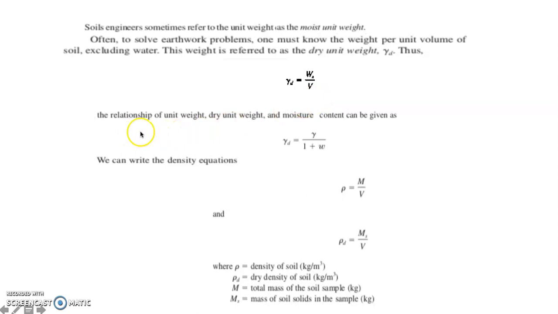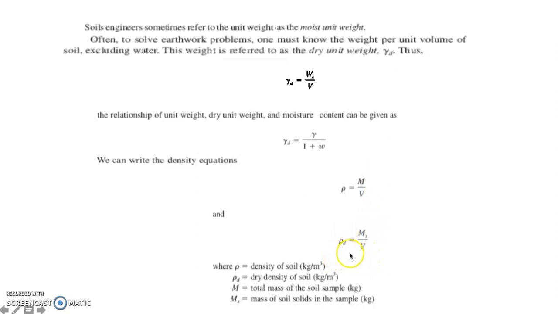So the relationship of unit weight is equivalent to dry unit weight and moisture content. Here, this is the relationship between the dry unit weight and the moisture content. Our density can be expressed in this form: density is equal to total mass over total volume.